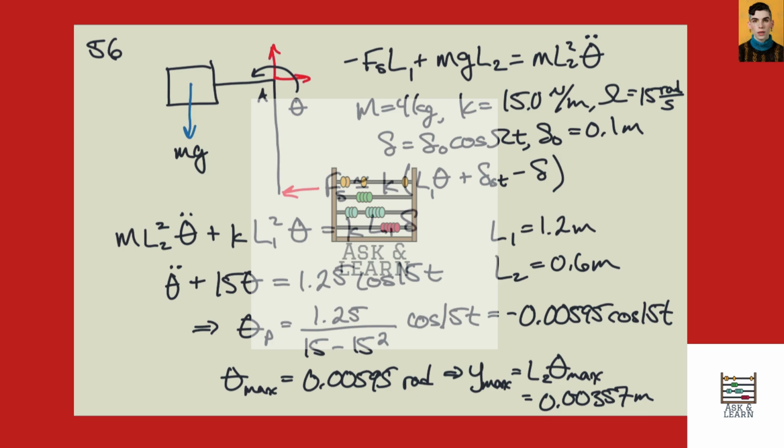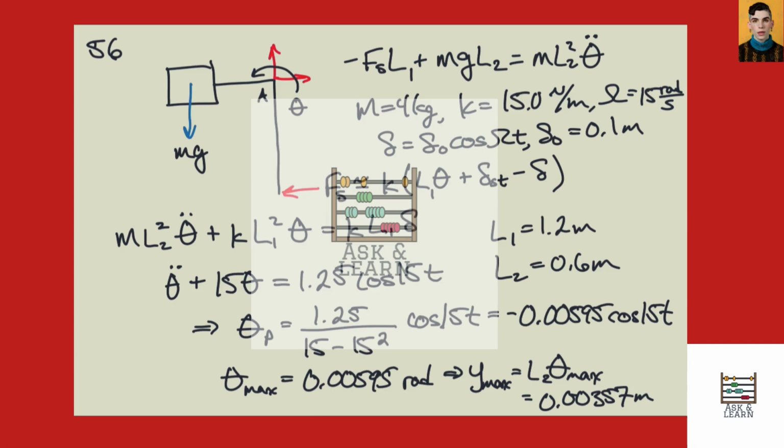Now we can plug this in, and we're going to see that the static deflection and this gravity term will cancel out. In fact, the static deflection is defined so that they do cancel out.